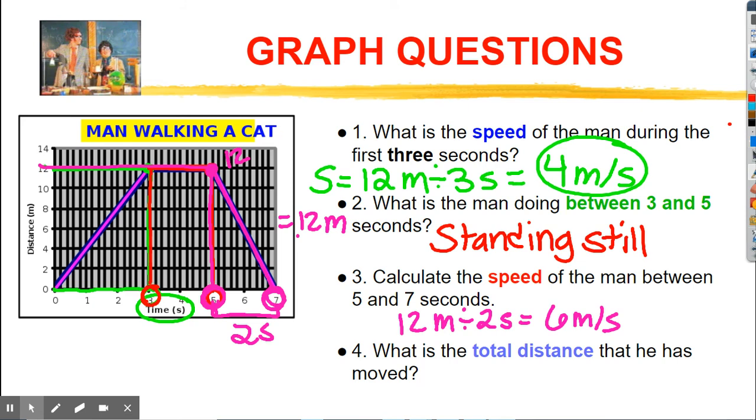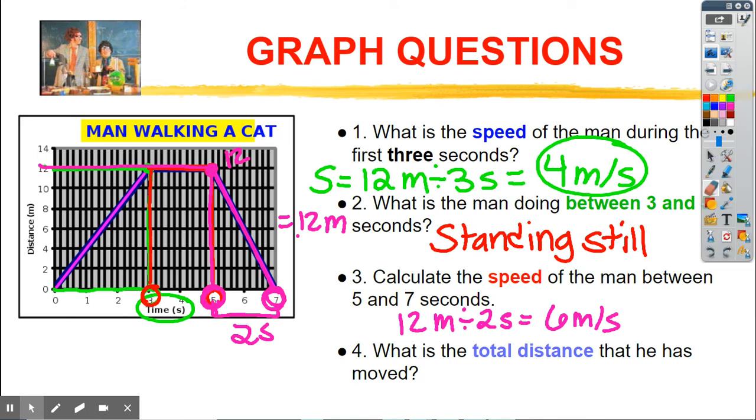So what is the total distance that he has moved? Let me erase all my markings and I will show you how to figure this out. To find the total distance, you would think that the total distance is 12, right? But that would not be correct because he walks 12 meters, then he stops, and then he goes back home another 12 meters.